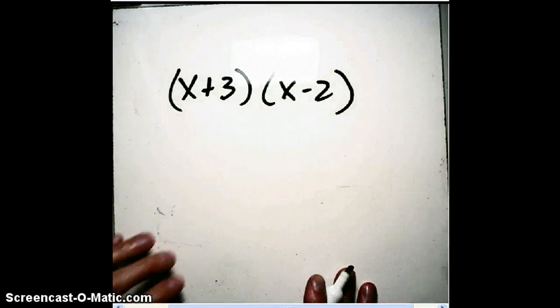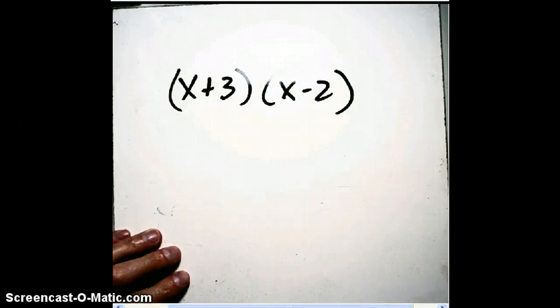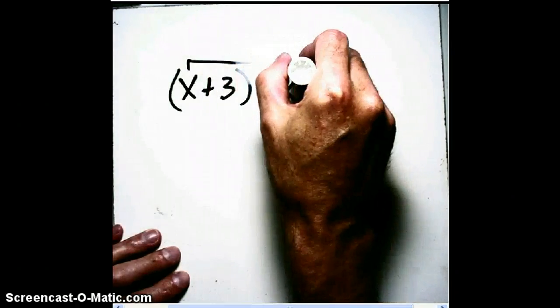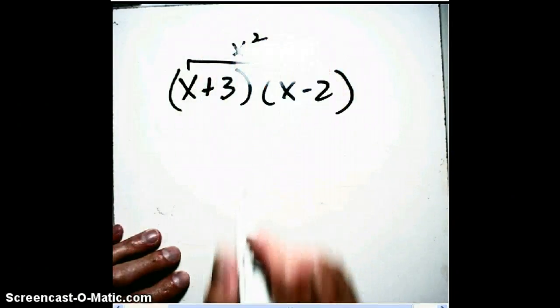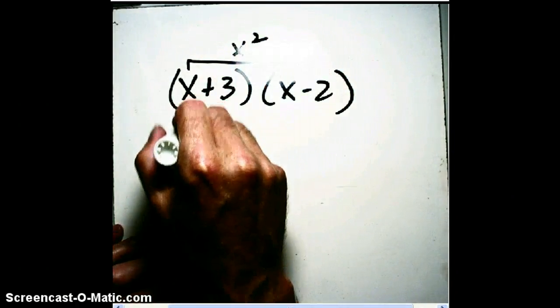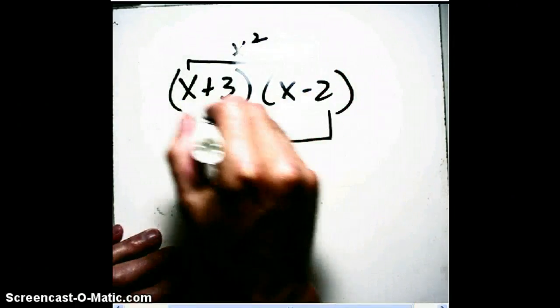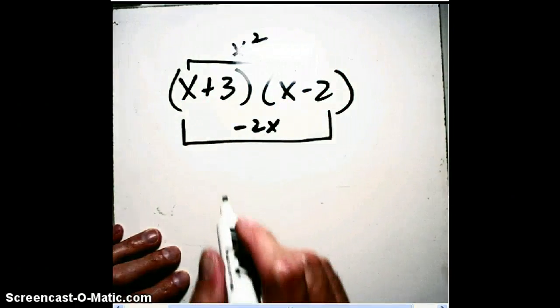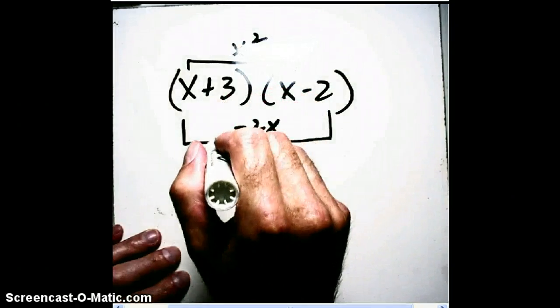So what we need to do is multiply all of these guys by all of these guys. One way to do that would be to multiply this times this, that's x squared. Let's multiply these two guys. Negative 2 times x is negative 2x. Let's multiply the inner guys.